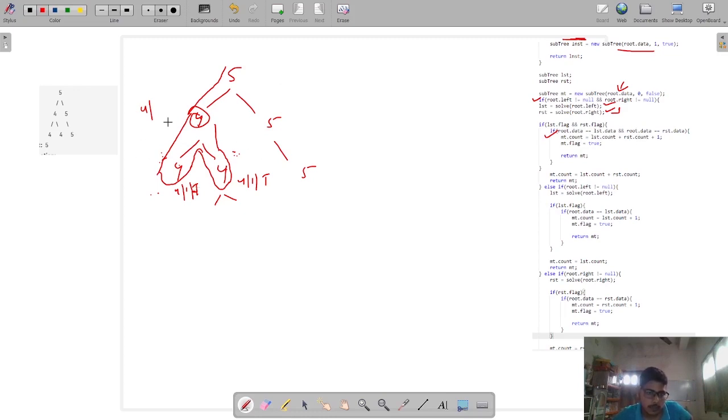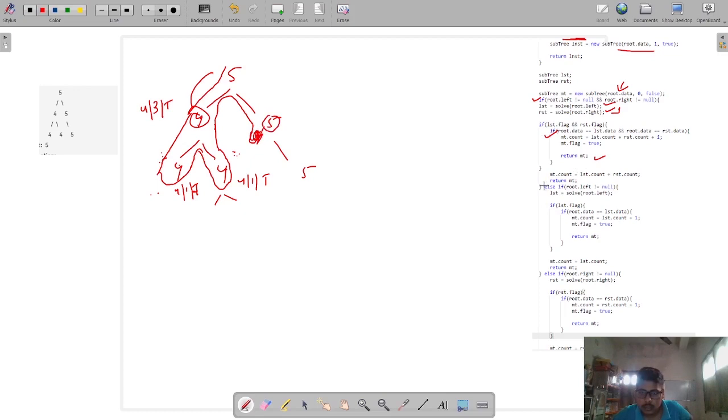So 1 plus 1 plus 1, so 3, and we'll give my flag as true, and we'll return this. Now the tree goes like this. Let me show you the code tree. Like the tree goes like this, and we get a null here. Here is a null for this node, here is a null, right?